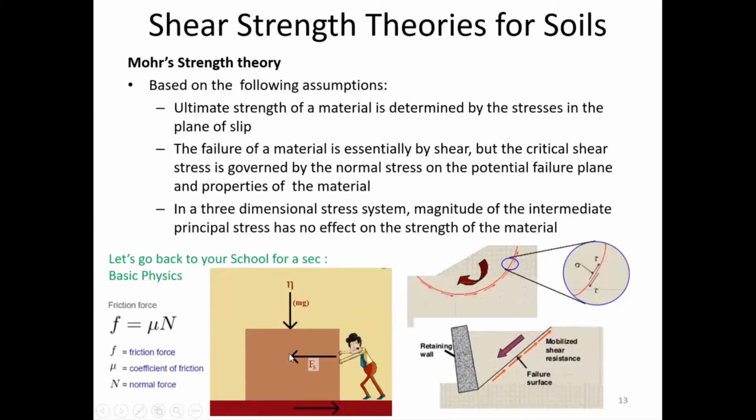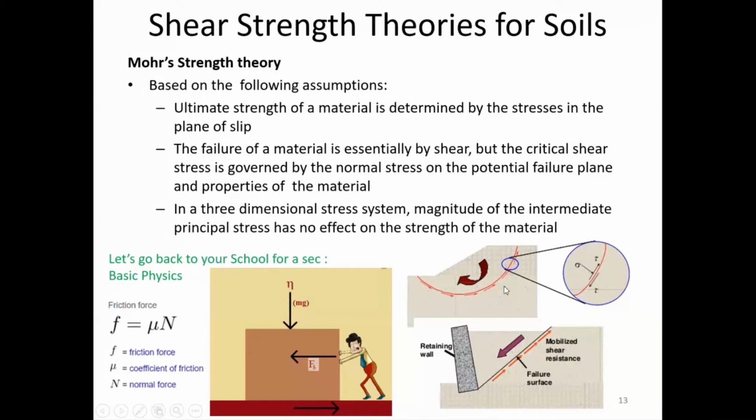Right, so basically what happens in the soil here is, you can see here, I'm trying to push the soil down, but along this plane the soil has some frictional resistance and it tries to hold its place. Just like I am trying to push this, the soil, due to its self weight, is trying to push it down and displace the retaining wall. But there is some friction developed along this plane which prevents this particular movement.